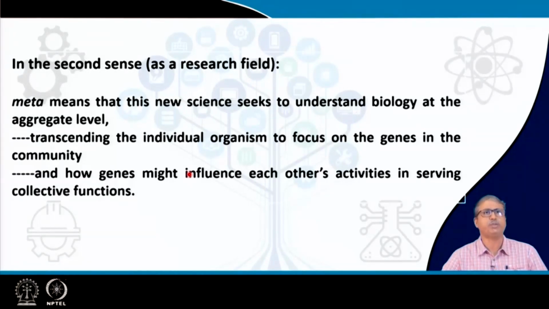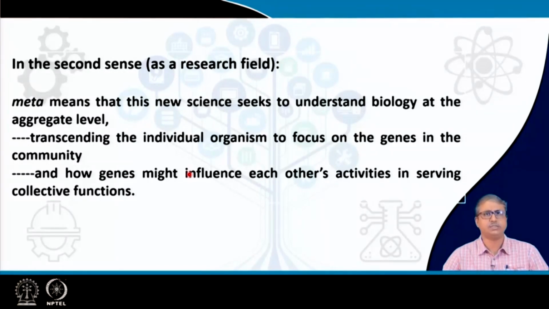So, we need processes by which we can transcend the individual organism to focus on the genes in the community. Instead of catching hold of one or two bacterial genera or species, we need to look into the genes which are there in the community. No matter whom the genes belong to, if the genes are there, the possibility is high that the genes are going to function.